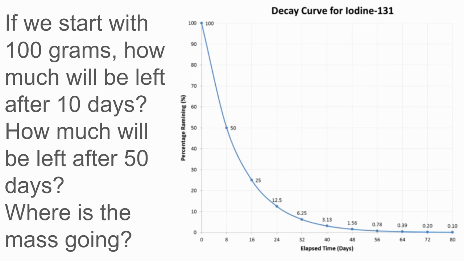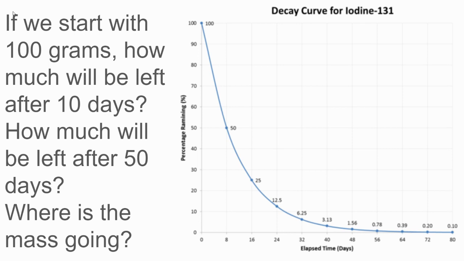All right, let's go through one more with iodine-131. If we start with 100 grams, how much will be left after 10 days? It's a little bit small. Like 40 something. Okay, about 40 something. Good.